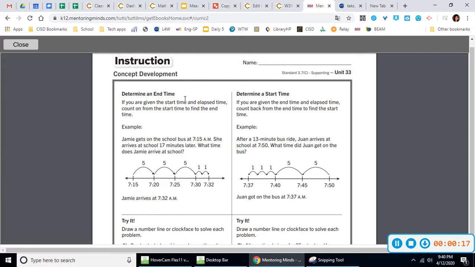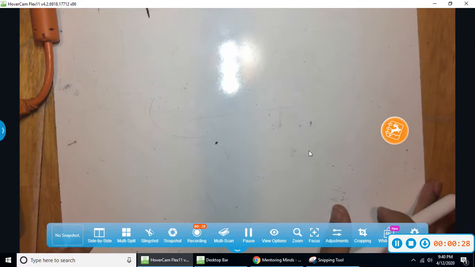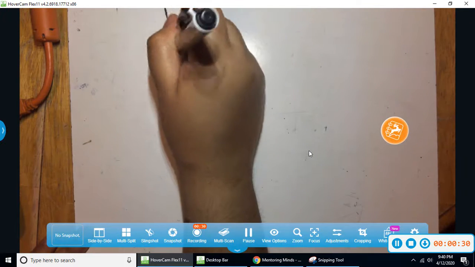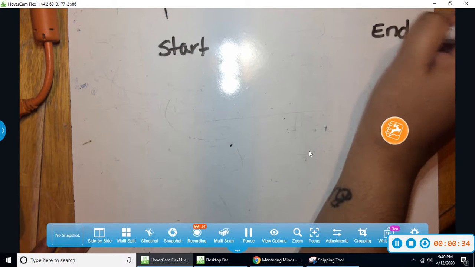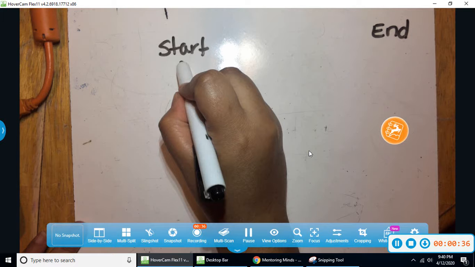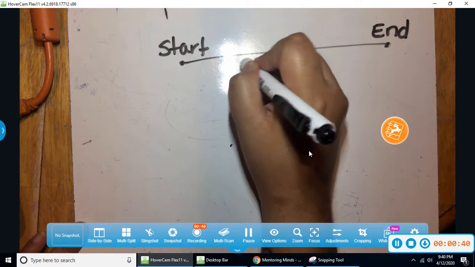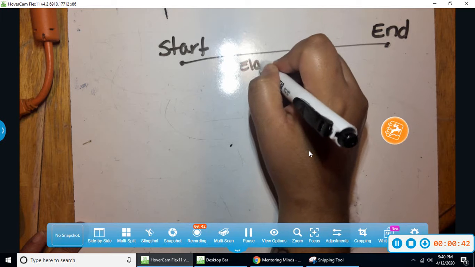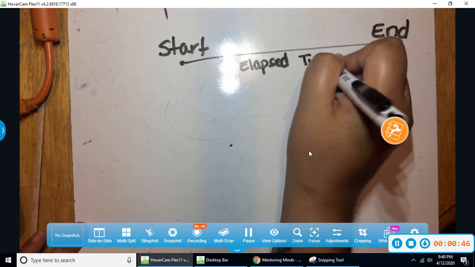So we are talking about time intervals, and key vocabulary that we should know when doing time intervals is that we need to know our start, our end, and from when we go from our start to our end, the time in between is elapsed time.